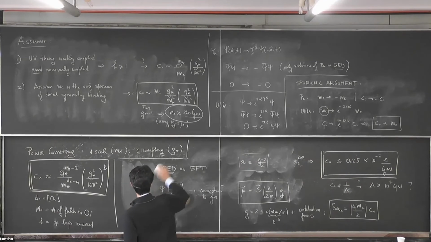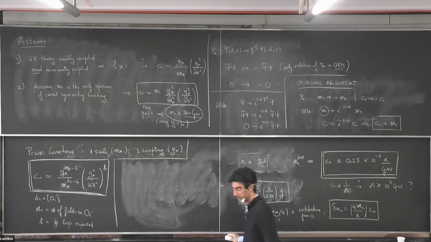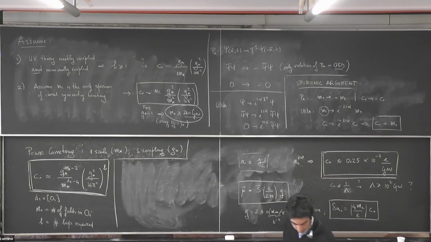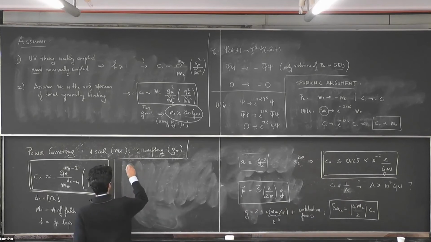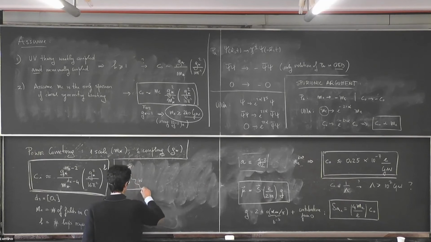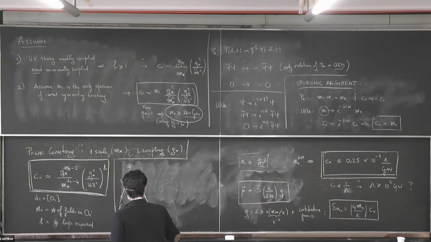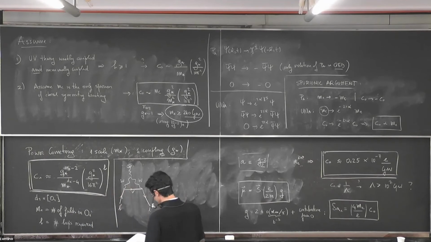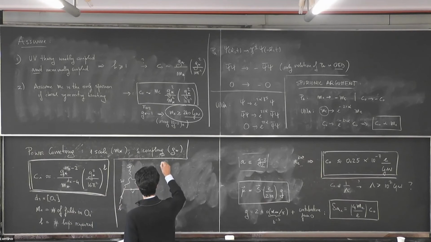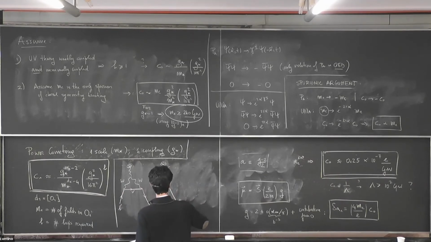So there are certain types of diagrams. For example, you can have a loop of W's with a virtual exchange of a neutrino. This is the lepton. Then there is a diagram involving the Z. This is the lepton, and this is also a lepton.